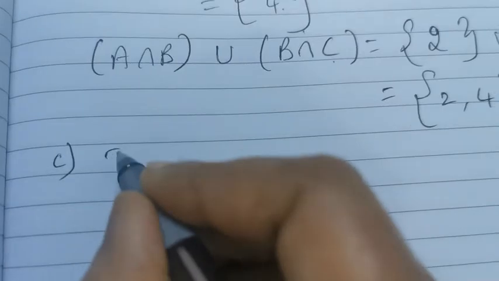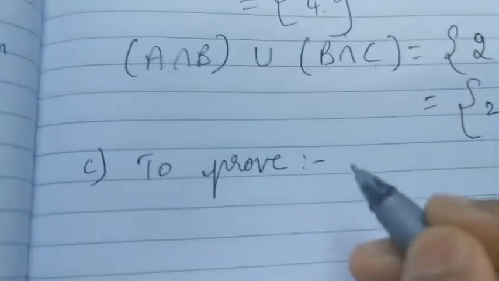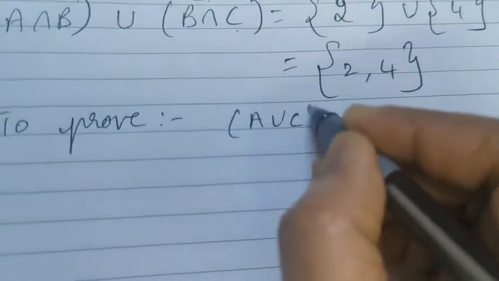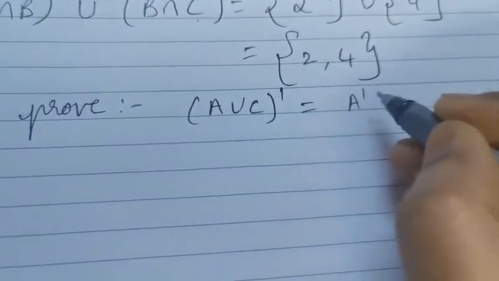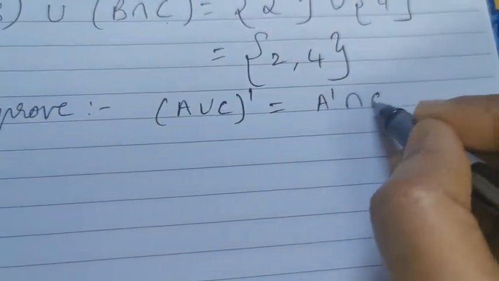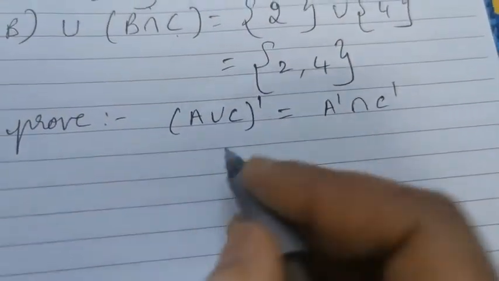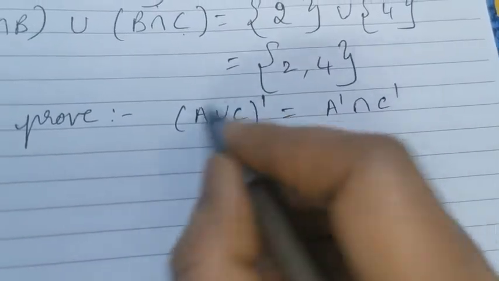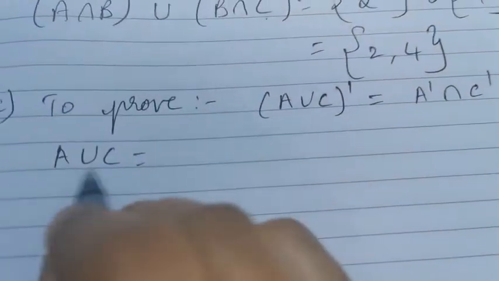C is to prove. Justify the correctness means we have to prove. So A union C the whole complement is equal to A complement intersection C complement. So first let us find A union C the whole complement. To find it, first we have to solve what is in the bracket. So A union C is what is there in the bracket.